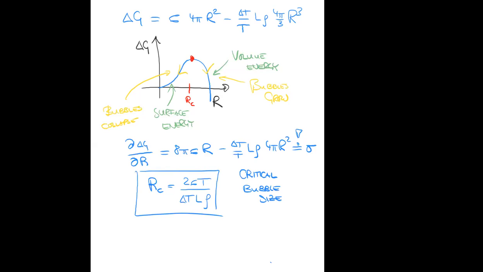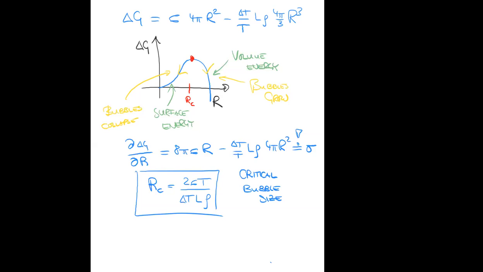And it goes as 1 over delta T. So is that the right way around? The critical bubble size will go inversely as delta T. Yeah, I think that makes sense.